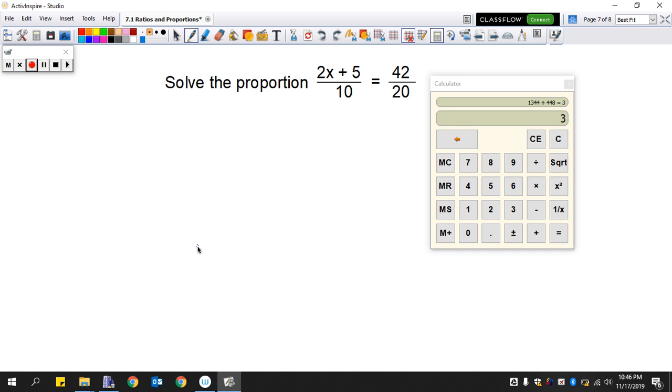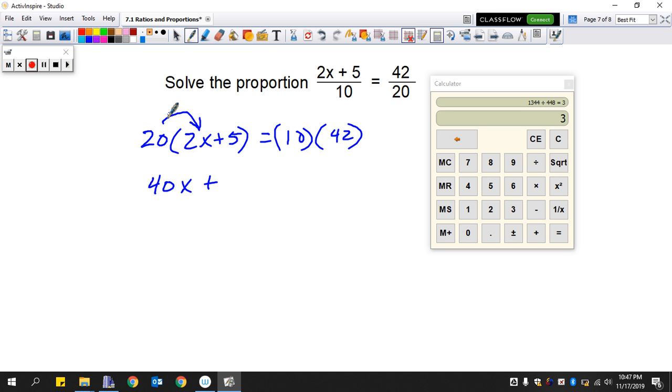In this case, I'm going to put the 20 first. So we have 20 times 2x plus 5 is equal to 10 times 42. Distribute: 20 times 2x is 40x, plus 20 times 5 is 100, is equal to 10 times 42, which is 420.